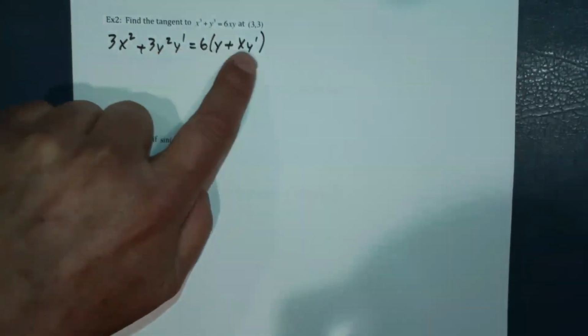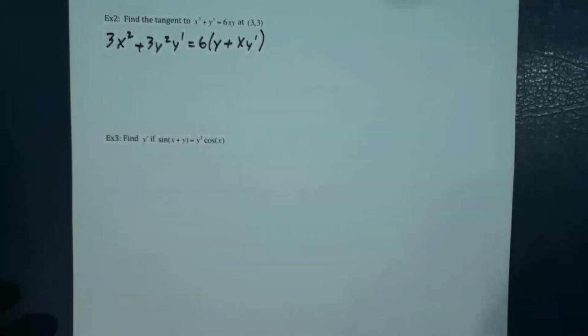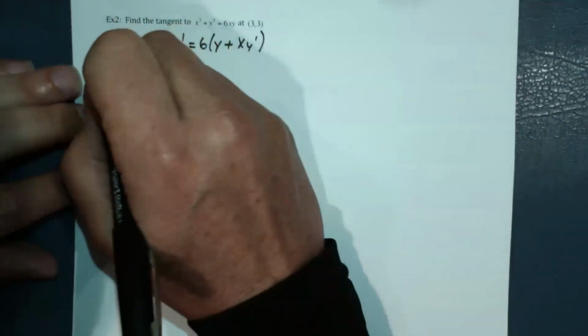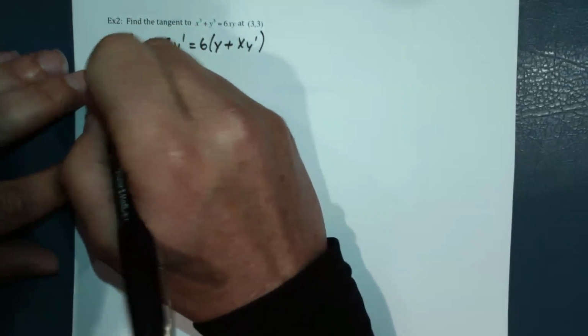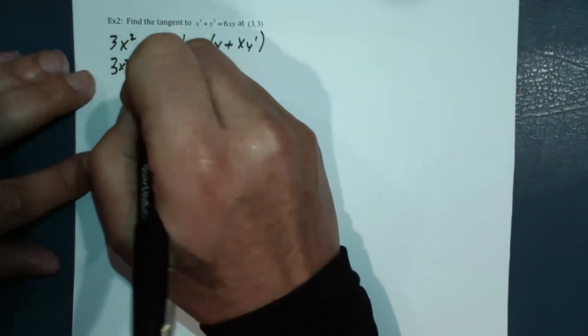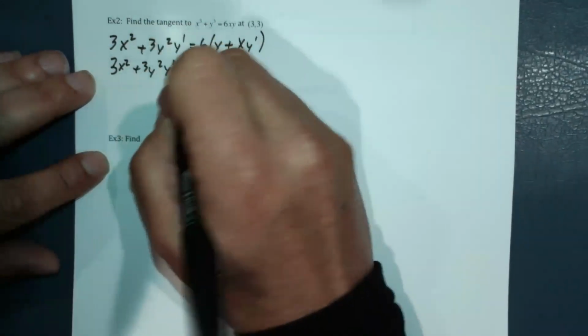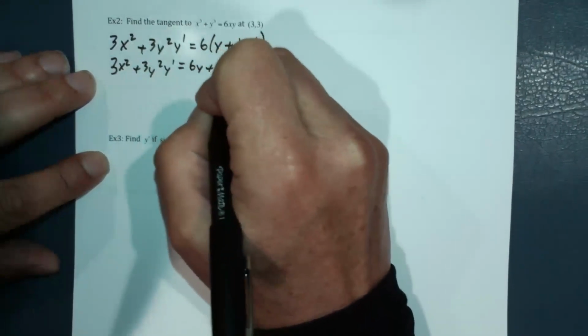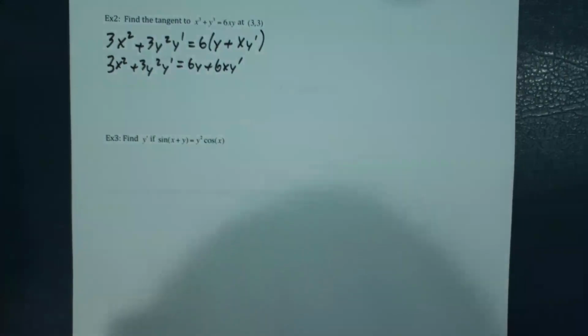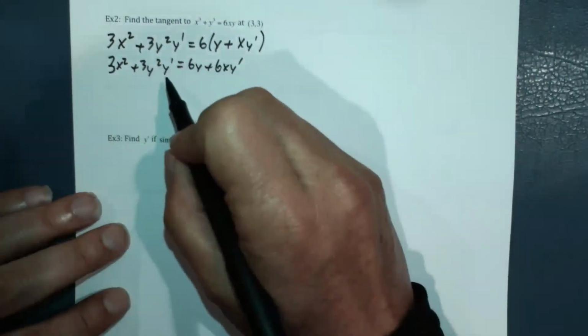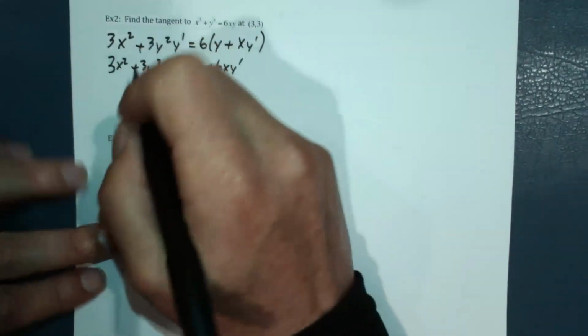So now I have two y primes, and now I need to dig out the y prime. So what I'm going to do is I'm going to move the y primes to the left and the non-y primes to the right.